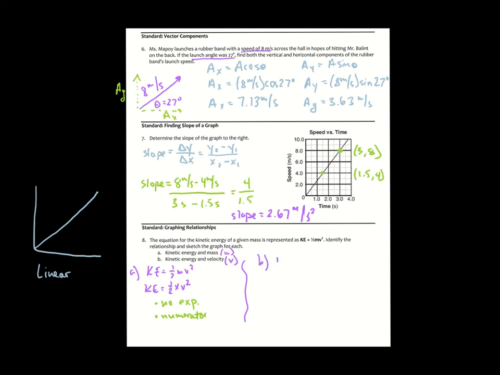Part B, we're going to start the equation over from scratch. Replace v now, because we're focusing on velocity. V is going to be x. So 1/2 m x squared. Let's analyze x now. Now there is an exponent.